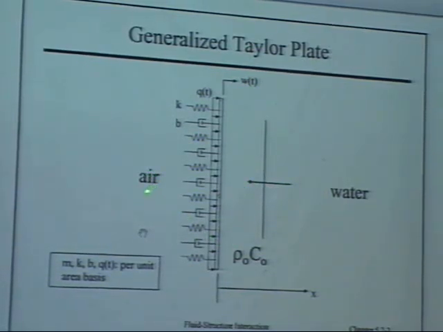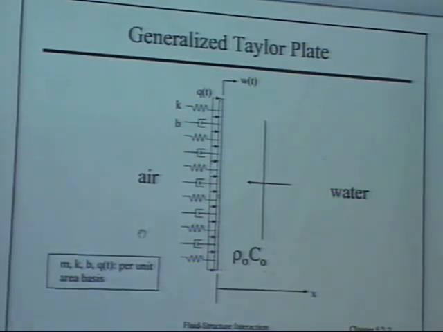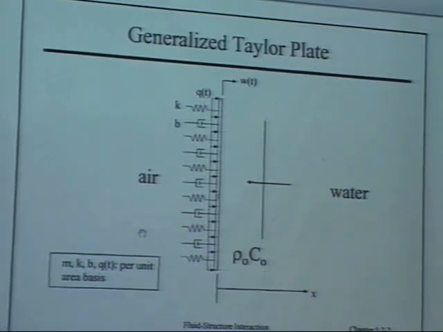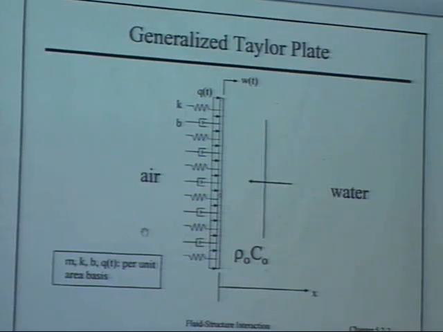One case is air, another case is water. So, which case will give more damage to the plate or hull? You follow me? Which case? Case 1, water and air. Case 2, water and water.